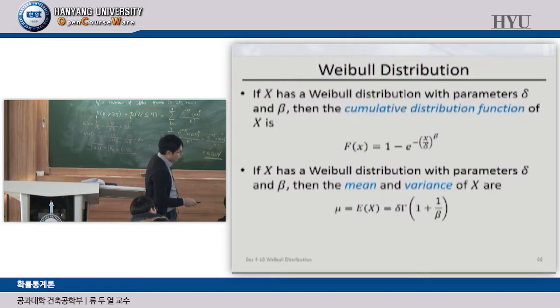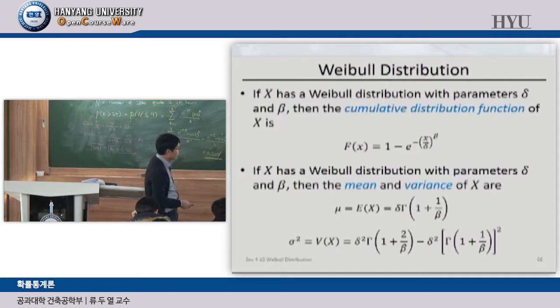The mean is equal to delta times the gamma function, gamma of 1 plus 1 over beta. Okay? And this is not a multiplication, but it is a function, okay? And the variance sigma squared is equal to delta squared times gamma function of 1 plus 2 over beta minus delta squared times gamma function of 1 plus 1 over beta, squared. So by using these equations, we can solve the Weibull distribution problems.